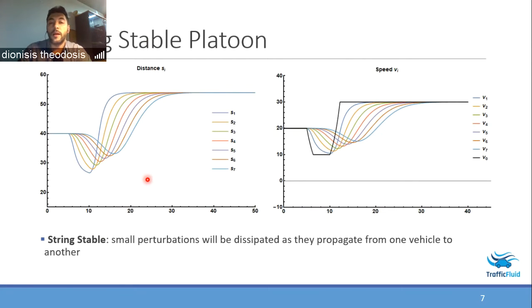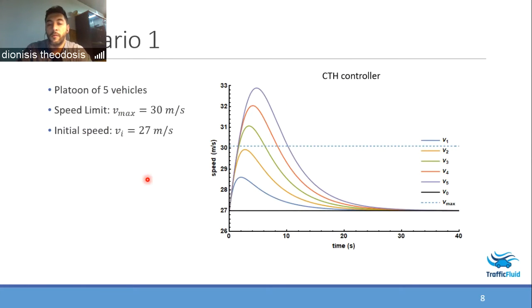We can still have collisions among vehicles, we can still have many undesirable phenomena. For instance, if someone experiments a bit with those controllers we saw earlier, one can see that for some scenarios, we have speeds that may exceed the maximum speed limit of the road.